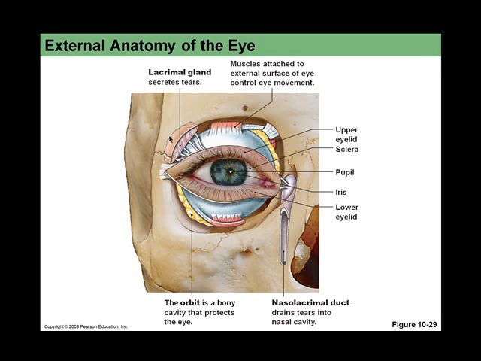So this originates with the lacrimal gland in the upper outer, or superolateral, position within the orbit, and we talked about the neural innervation of this.